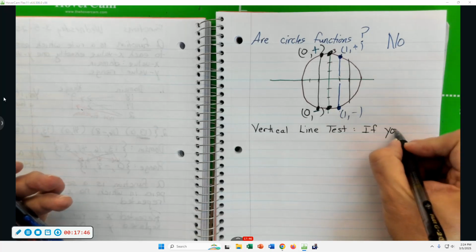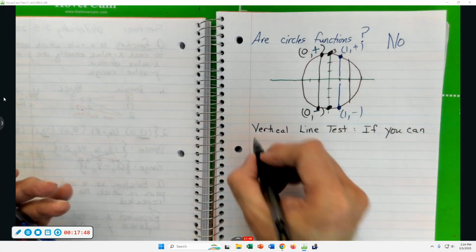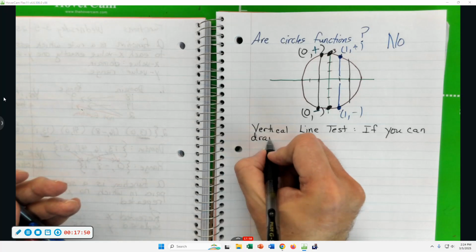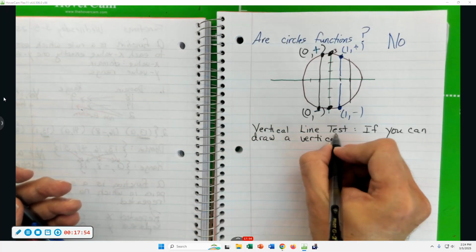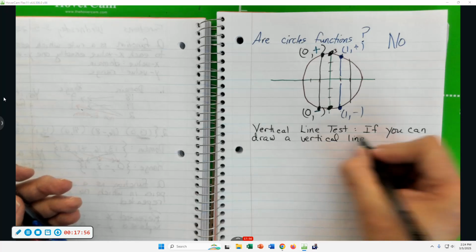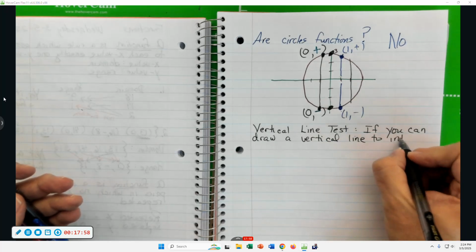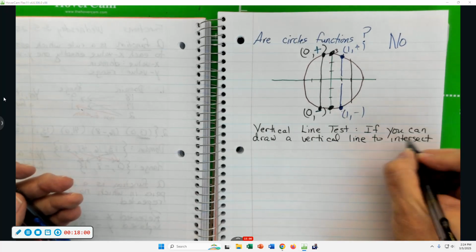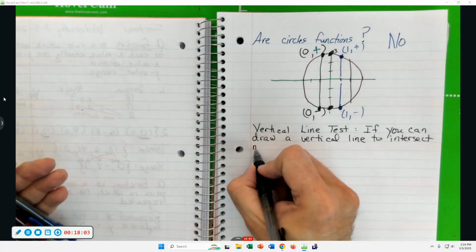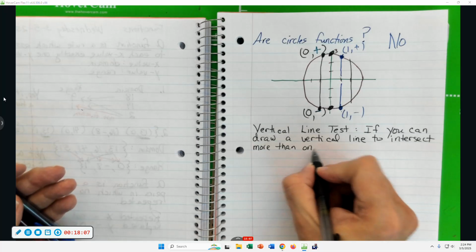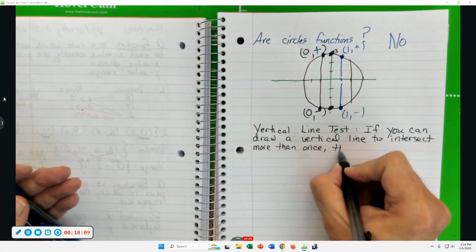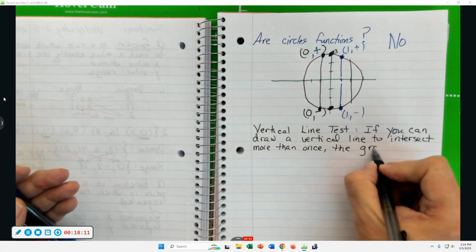If you can draw a vertical line to intersect a graph more than once, 2 or more times, the graph is not a function.